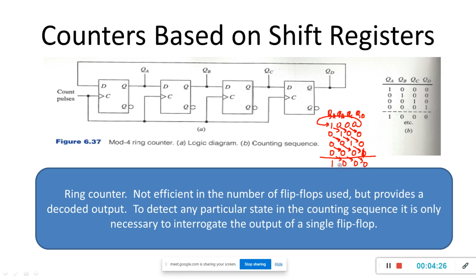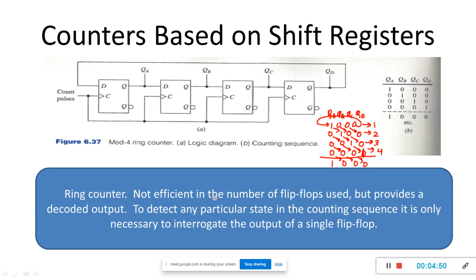So it is repeated now: 1 0 0 0. Earlier it was 1 0 0 0. So how many states? State 1, state 2, state 3, state 4. It has 4 different states and it has 4 flip flops. 4 flip flops means an n bit ring counter generates n states.